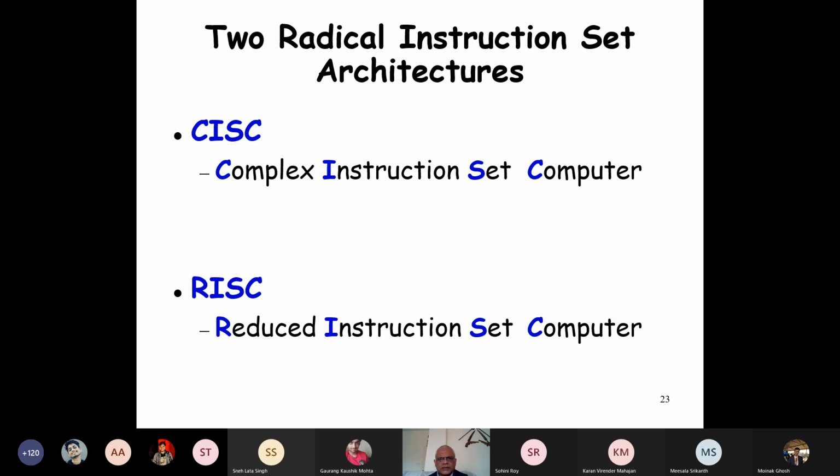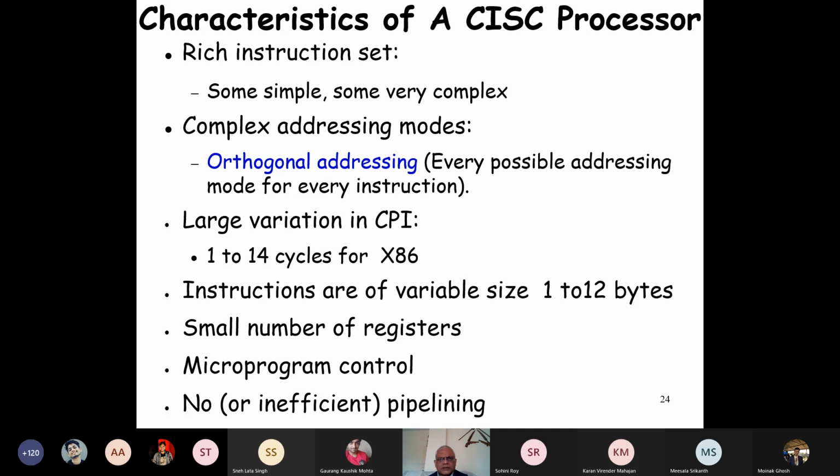One is called the CISC. The full form for CISC is complex instruction set computer. And the full form for RISC is reduced instruction set computer. As we were mentioning, the CISC was initially very popular.